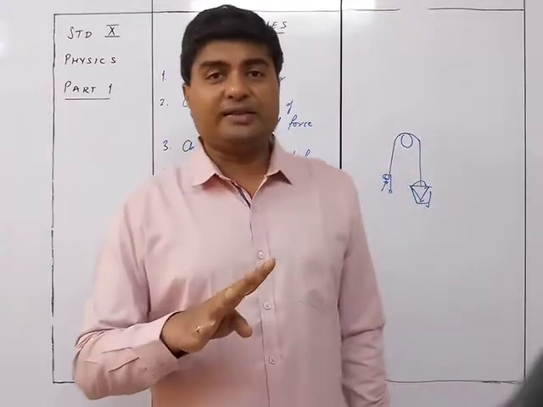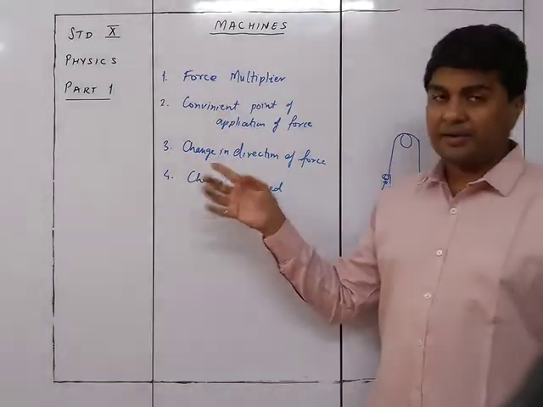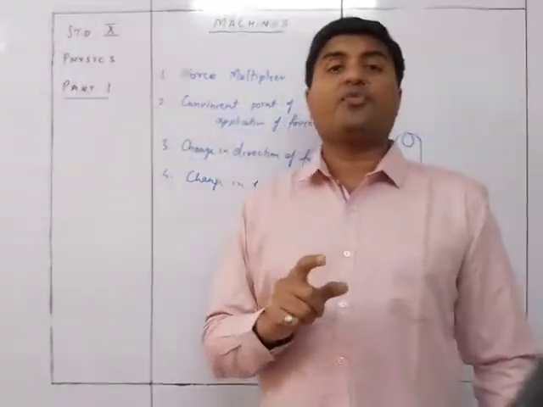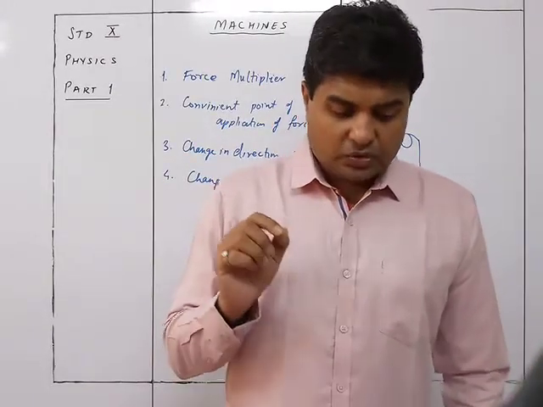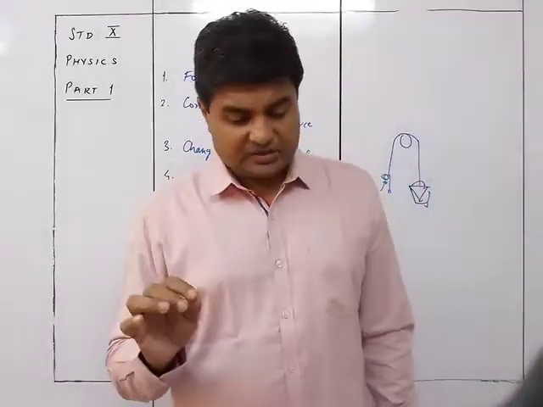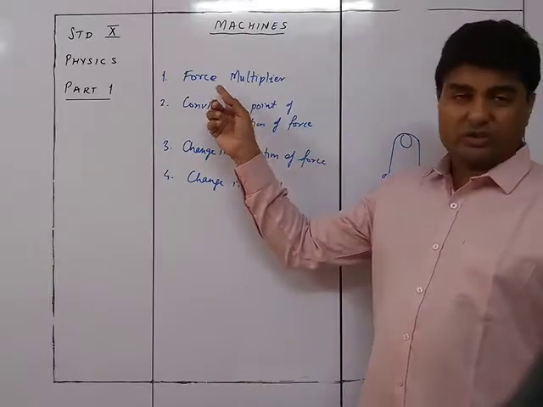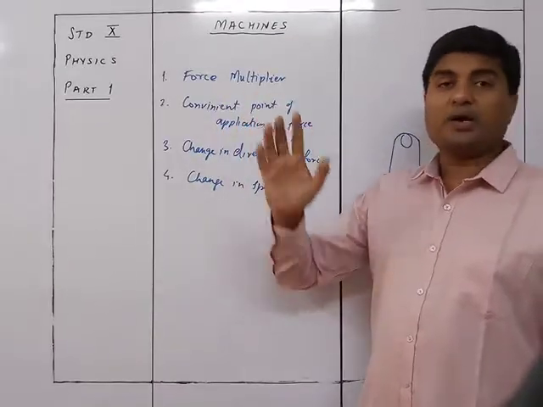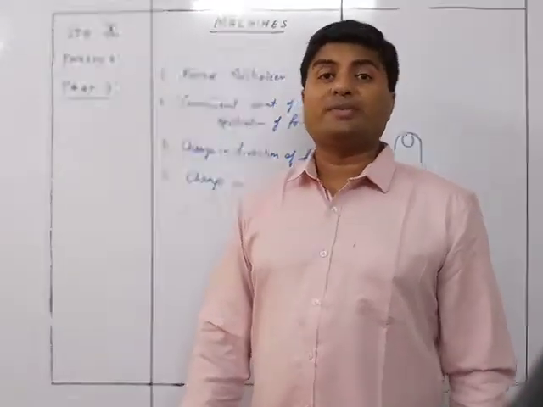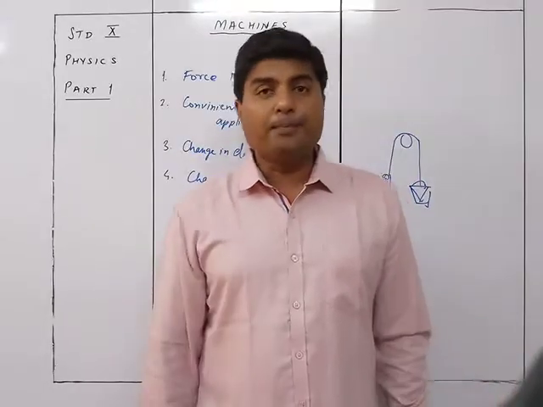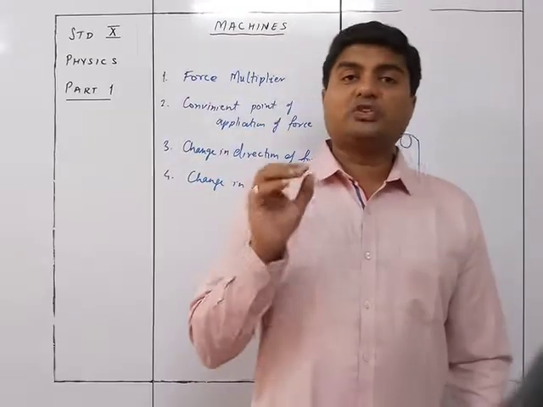These four things combined give you the definition of a simple machine. A machine is a device with which we can either overcome a large resistive force, which is called a load, at some point by applying a small force.